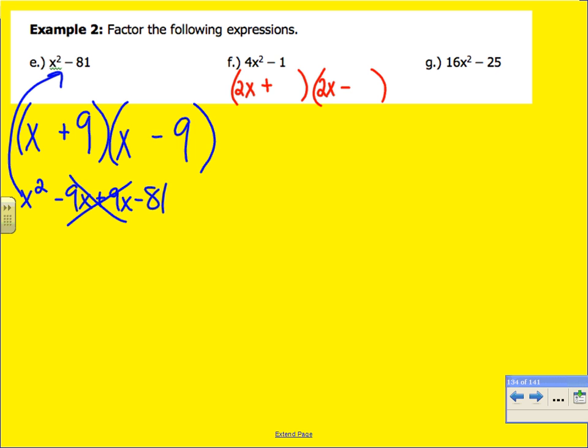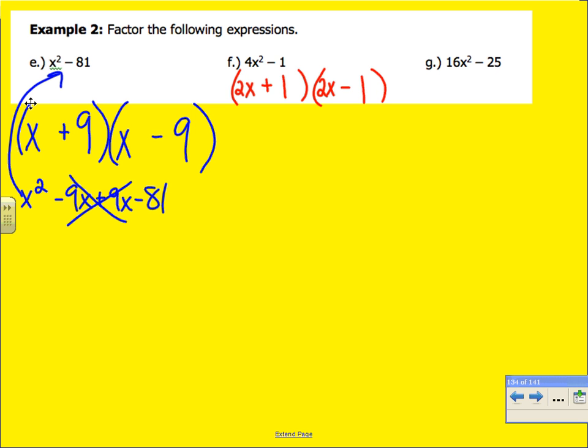Take the square root of 1, we get 1. So we have 2x plus 1, 2x minus 1. Again, if we FOIL, the middle terms will cancel, so you end up with the original problem, 4x squared minus 1. And that's it. That is completely factored. Remember, we are solving for our x-intercepts of a parabola.